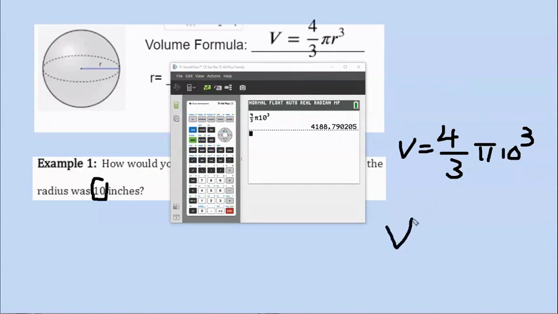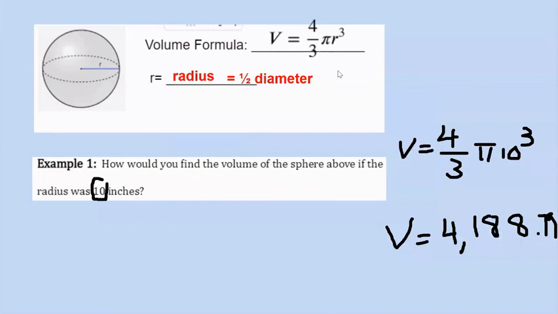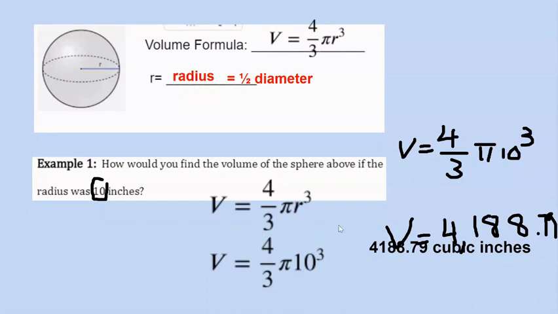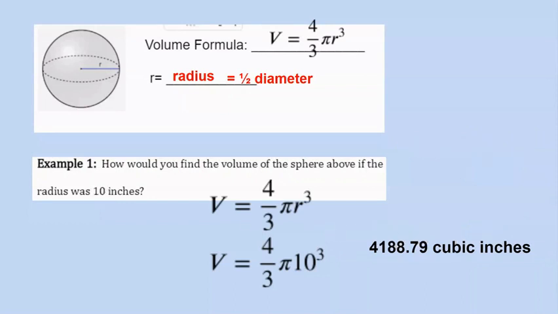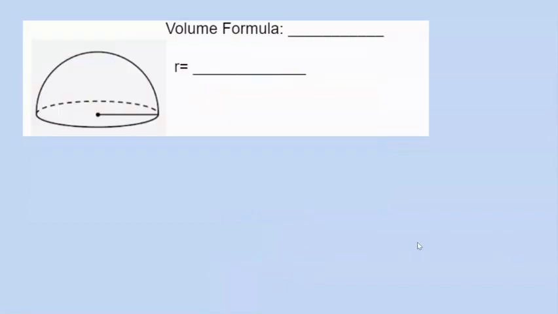So V equals 4,188.79. That's assuming they said hundredths place. If not, we'll figure it out. So they didn't. So that's what it's going to be. Okay. So that's what we did, and that's what we got.